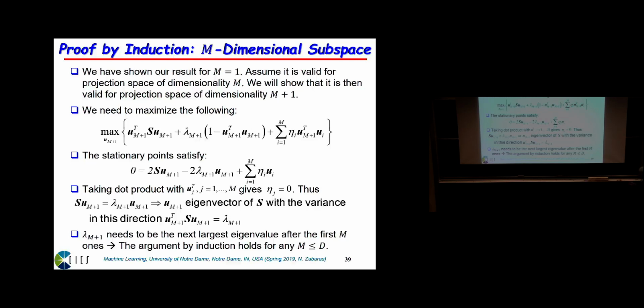So when you do the maximization problem, you compute that um+1 and lambda m+1 are the next in sequence eigenvector and eigenvalue of the sample covariance matrix.